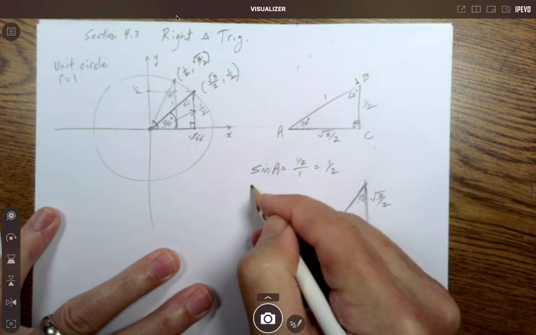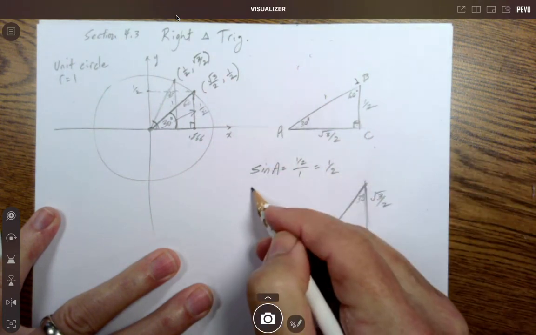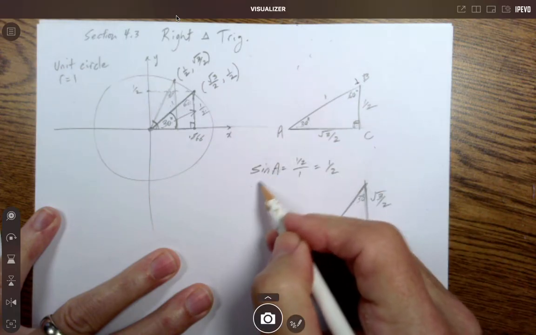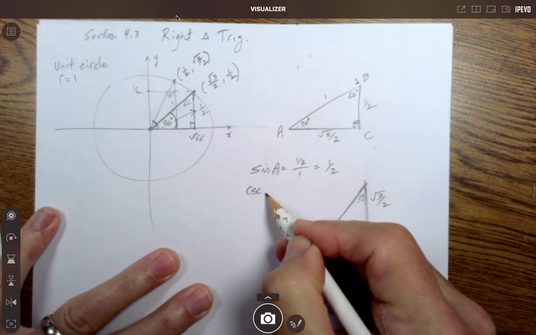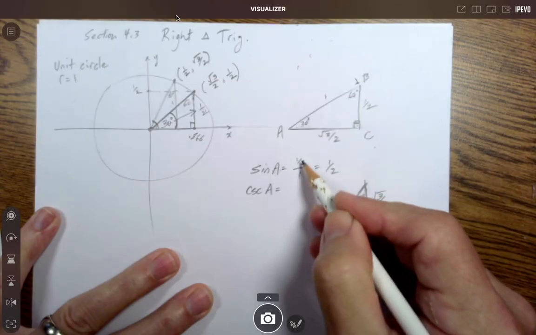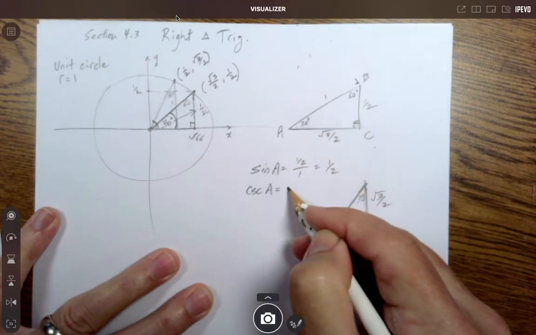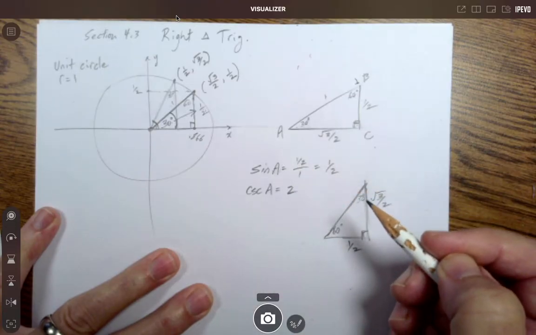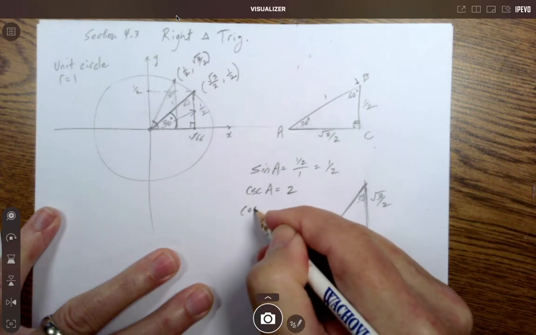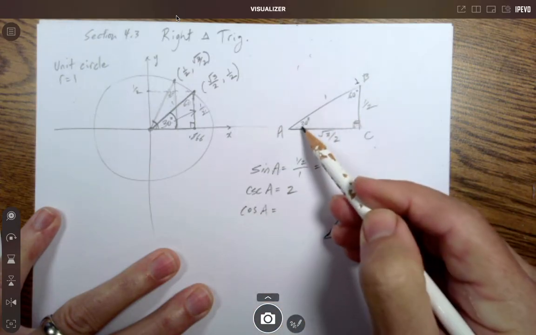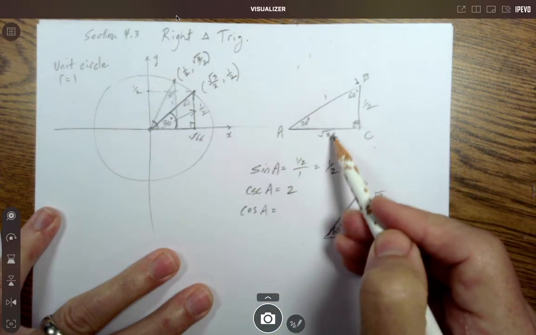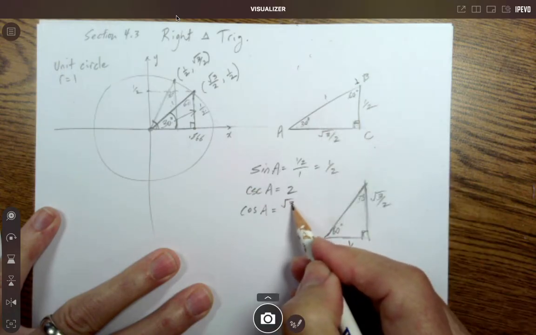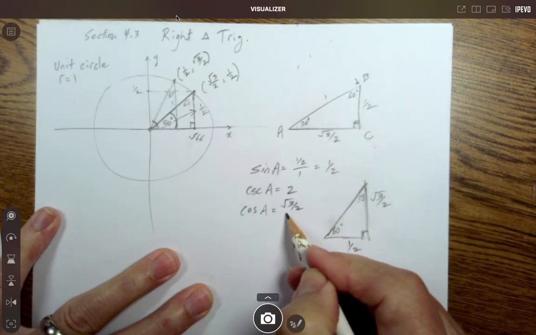And then let's do the reciprocal function, the cosecant of A, which would just be the reciprocal of this. So I would flip that over and I get 2. And then you've got the cosine of A. The cosine is this number over this number. So that's the square root of 3 over 2 over 1.